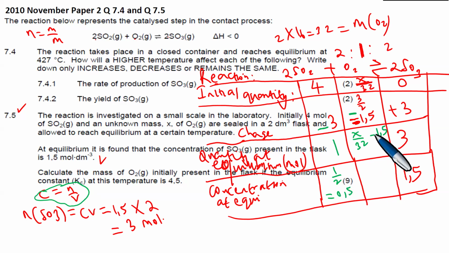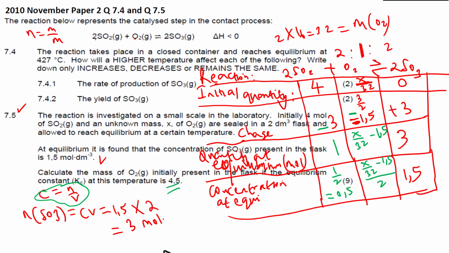And for oxygen, concentration is number of moles on volume: x on 32 minus 1,5, divided by the volume. Now we have all the concentrations, 0,5 together with these. Now calculate the mass of O2 initially present in the flask if the equilibrium Kc at this temperature is 4,5.